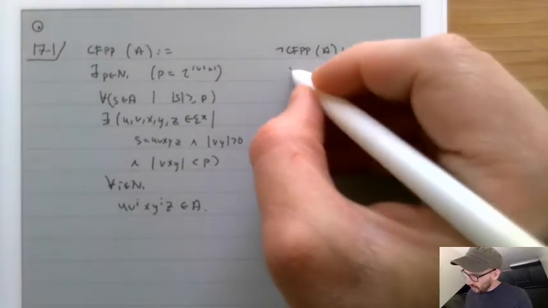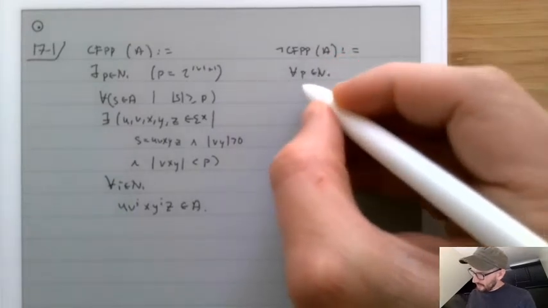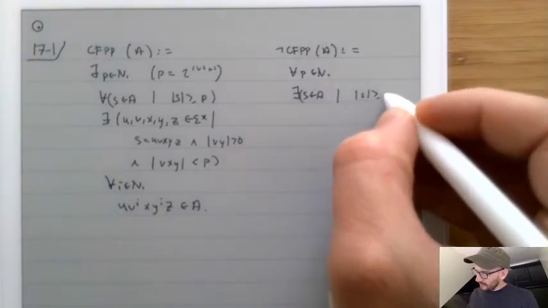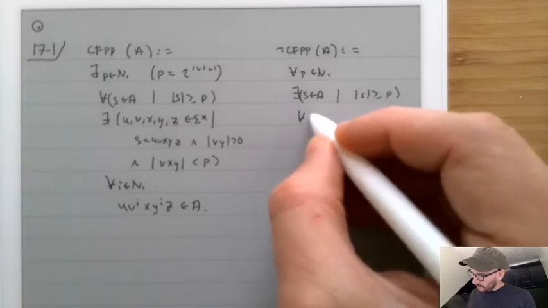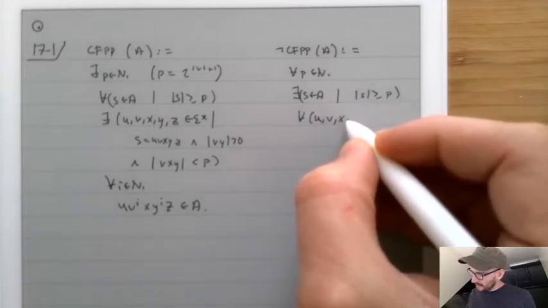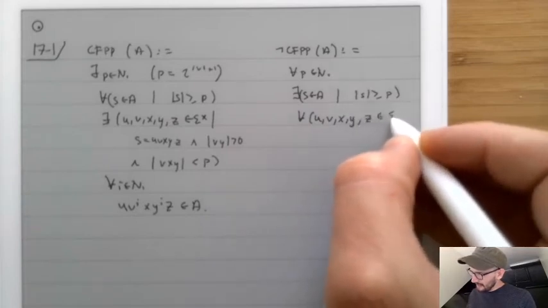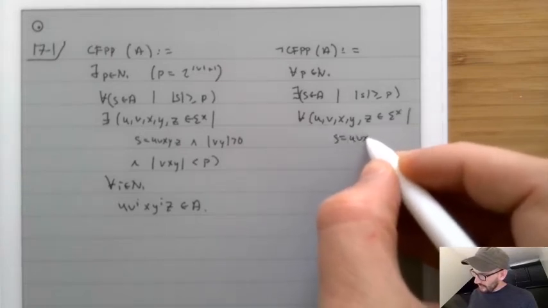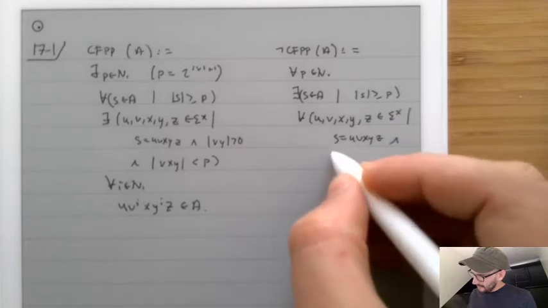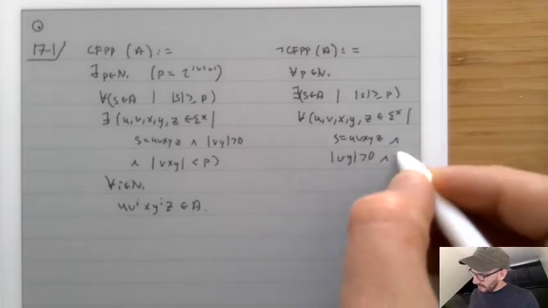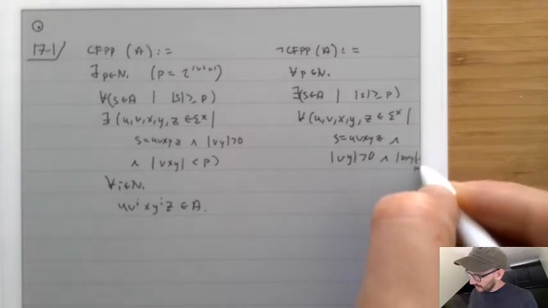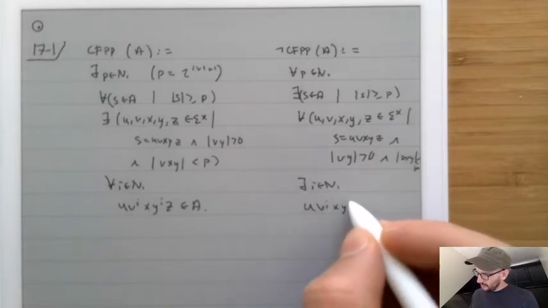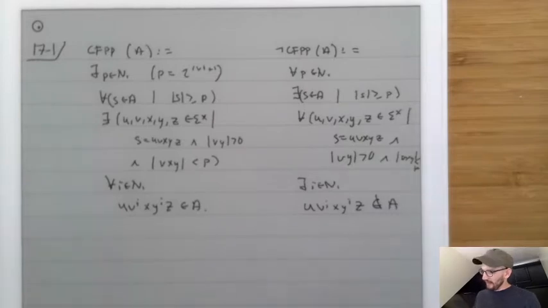So that means that for all p in N, there exists a string s inside of A where the length of s is greater than p, where for all u, v, x, y, z inside of sigma star, where s equals uvxyz, and the length of vy is greater than 0 and the length of vxy is less than p, there exists an i inside of N where u v^i x y^i z is not inside of A.